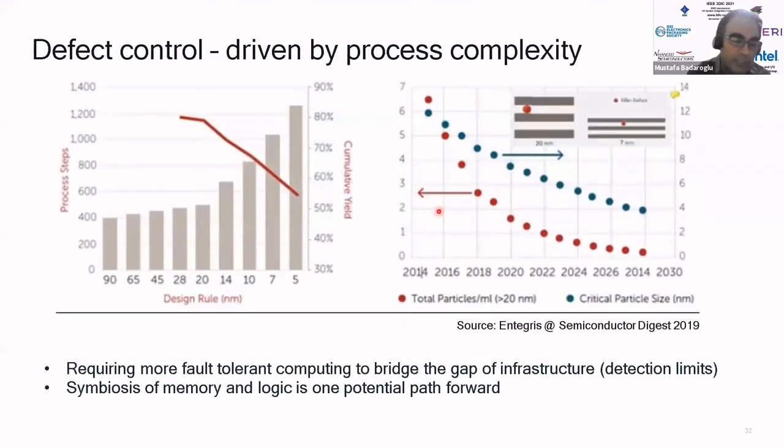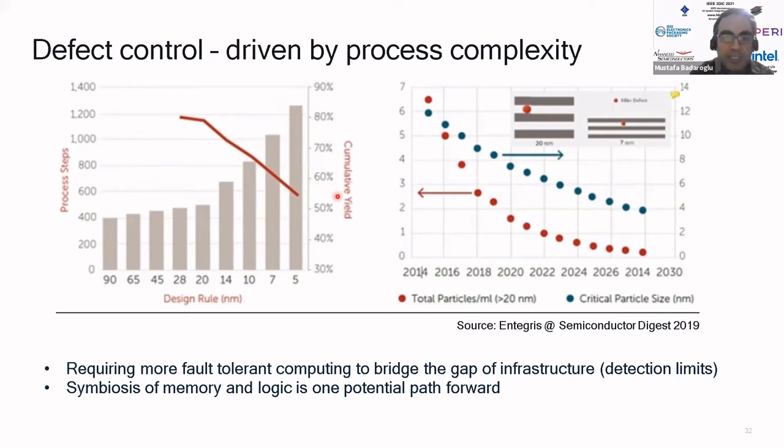Another issue is the yield. Because of the die area increase, because of the MPU function that I mentioned, the mobile processor die areas are going above 100 square millimeters. At the same time, the number of design rules associated with the process steps, the number of process steps, is increasing dramatically, almost exponentially.